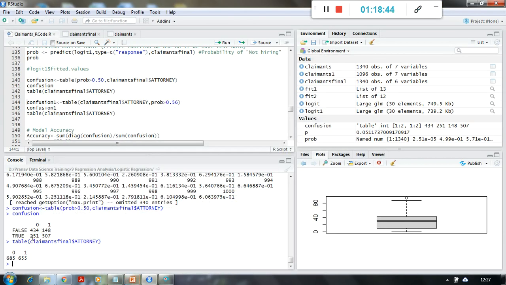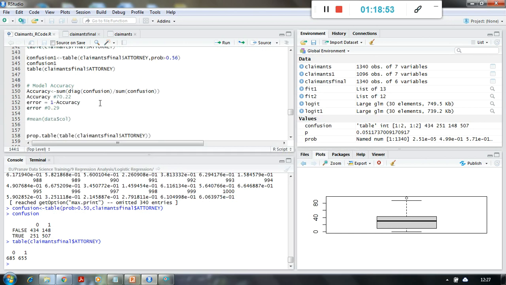So these are the misclassifications our model has done, and these are the correct classifications our model has done. Now if I change that cutoff value to a different cutoff value, how to change?